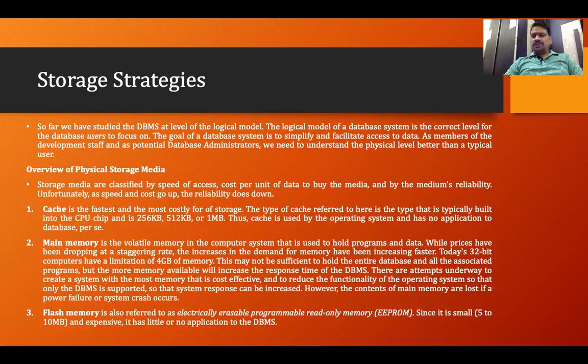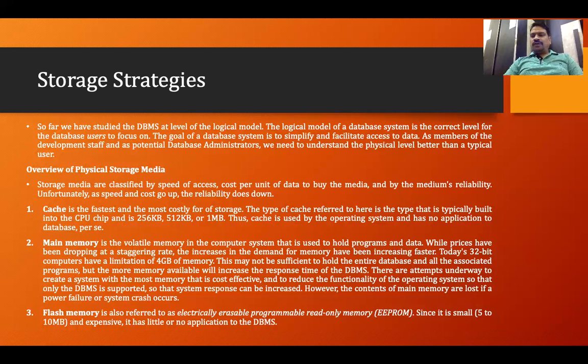But can we use it for the database management system? It is non-volatile memory, means whenever we give the power, it has the data. If we don't give the power, it doesn't have the data. It's okay. But the thing is, can we use it for the database management system? The answer will be yes or no. Why yes, why no?